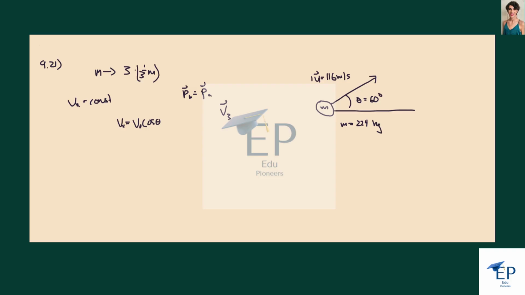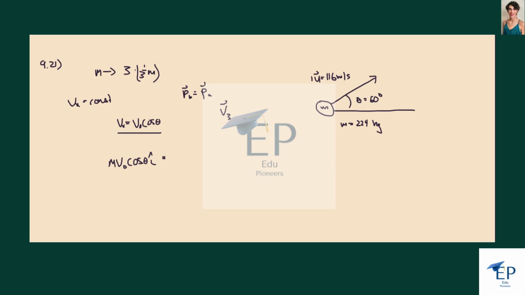Right before, we are only moving horizontally, so P before is m v naught cos theta in the i hat direction.